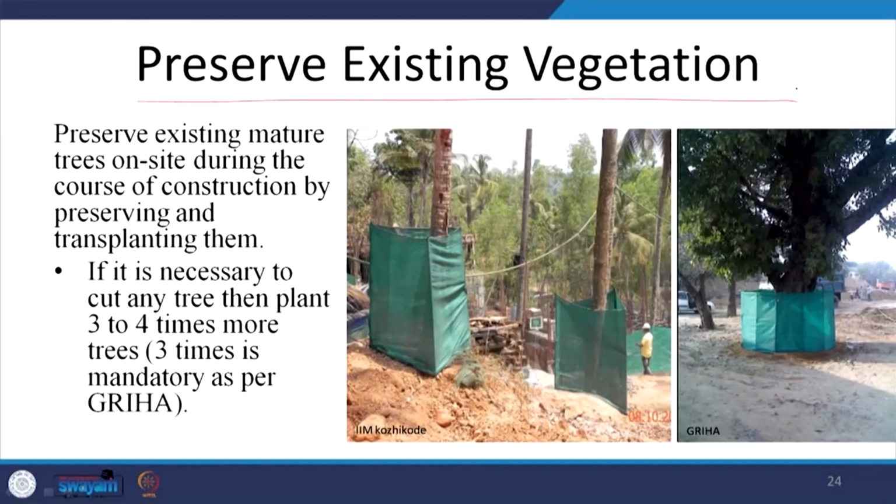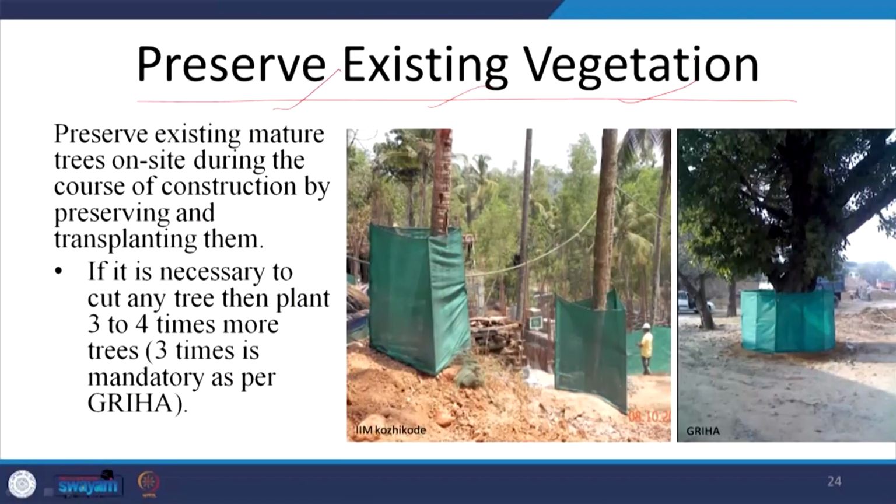So, besides soil erosion, another very important aspect is preserving the vegetation which is existing on the site. Now, majority of the times this will happen because it is not just the building footprint, it is the development footprint. So, once we limit the development footprint, there are larger chances where we will be able to preserve the existing vegetation.